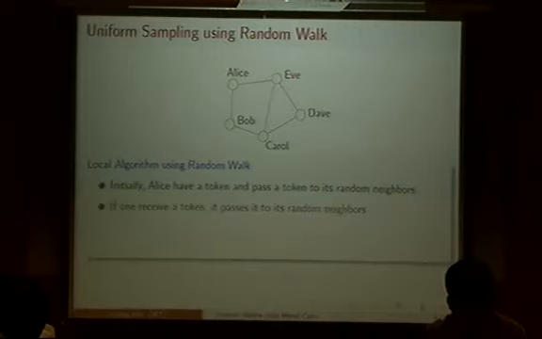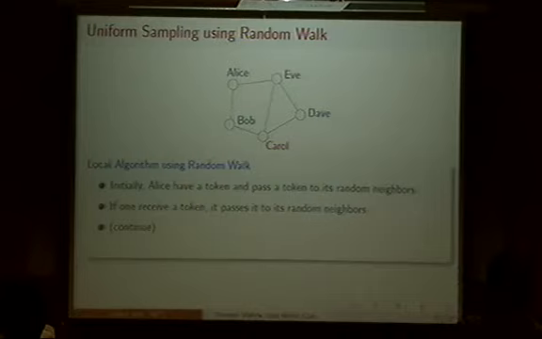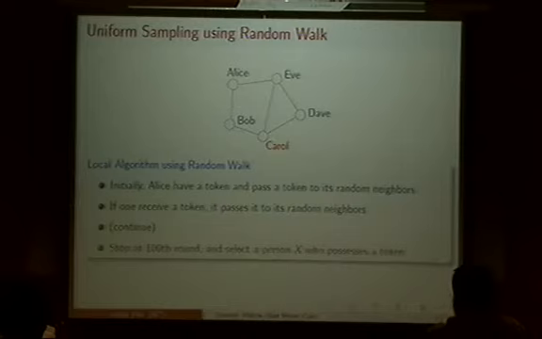Now Eve does the same thing. Eve has three neighbors. Eve chooses one of its neighbors at random. Suppose Eve chooses Carol. Carol takes the token and does the same thing. Every person continues this random procedure, but only with local information. And stop at 100 rounds. And select that person at 100 rounds who possesses the token.